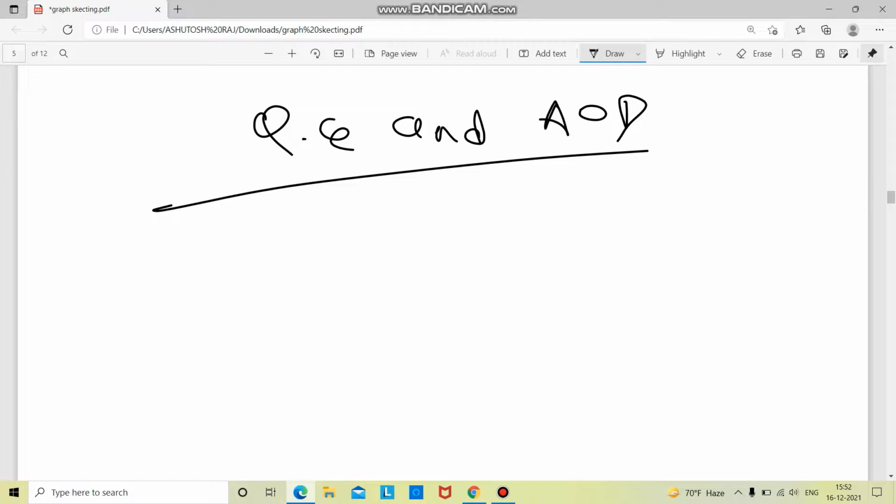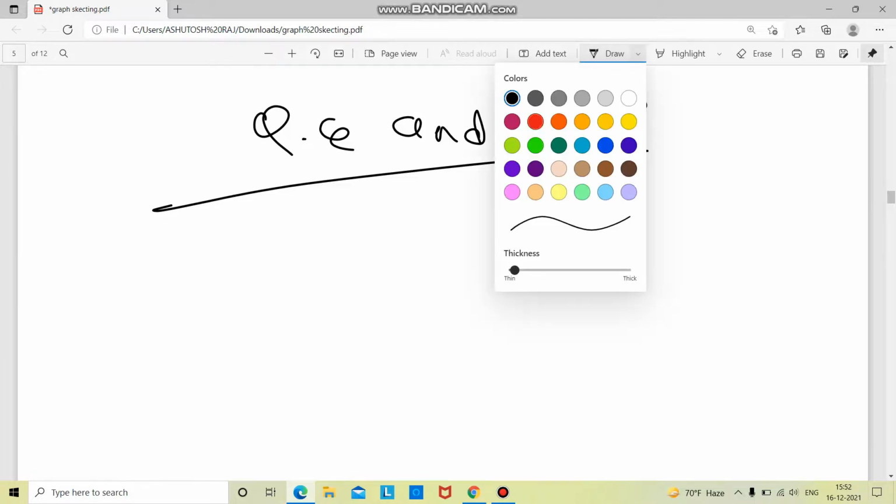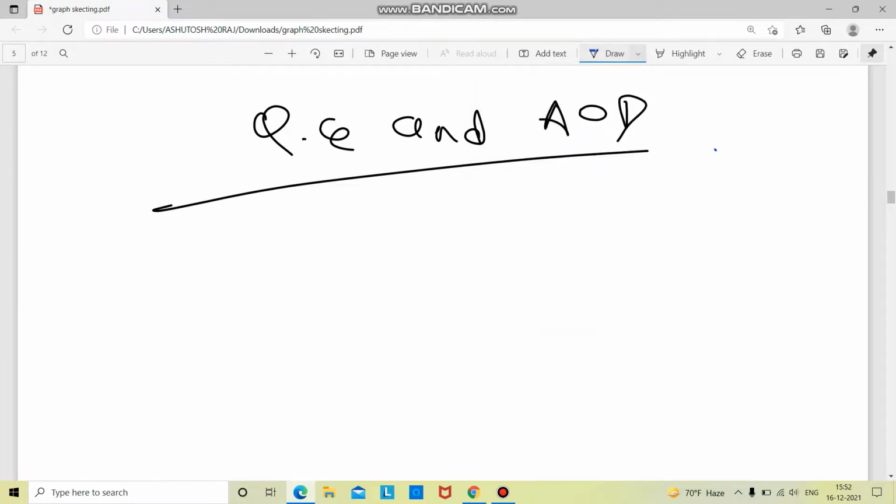It is a mixture of two topics, quadratic equations and AOD, application of derivative. You must have some basic idea of application of derivative to solve this question. The given equation is x square minus 3x plus 2 is equal to k.